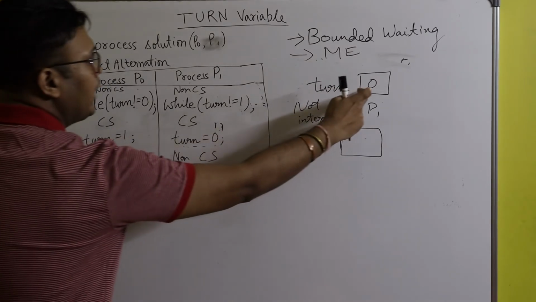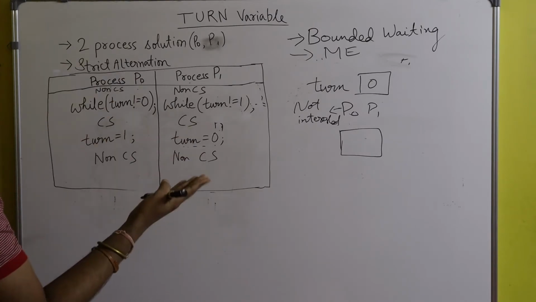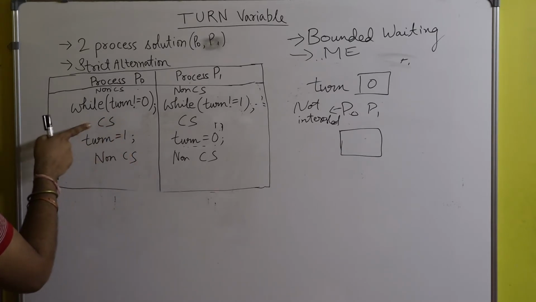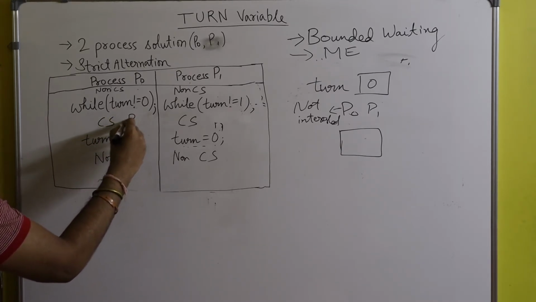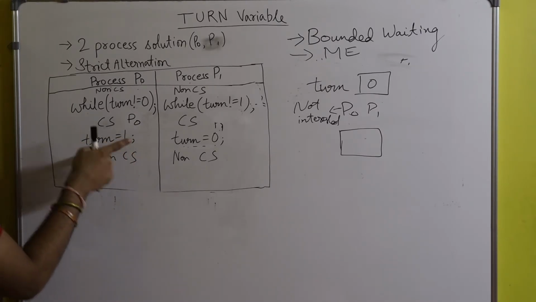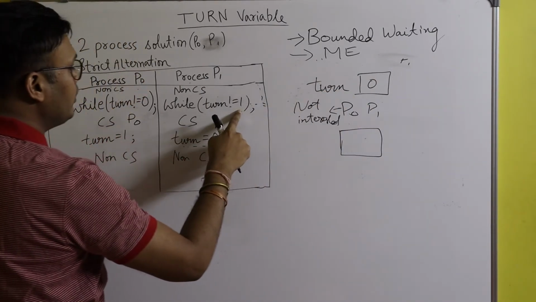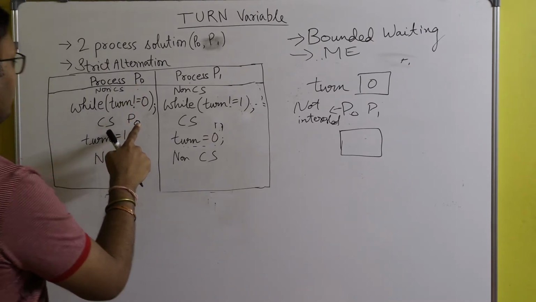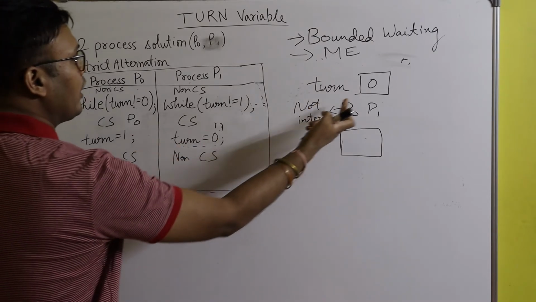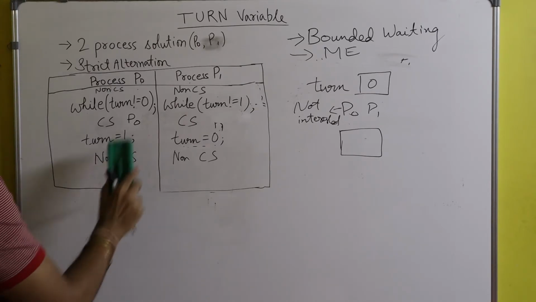The value of turn can be made 1 only by process P0, and this is only possible if P0 enters the critical section and executes the line turn is equal to 1. But since P0 has not entered, the value of turn is not 1. It means P1 can't enter. Are you getting it?